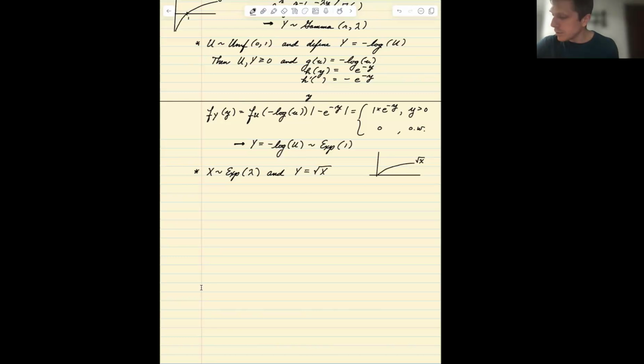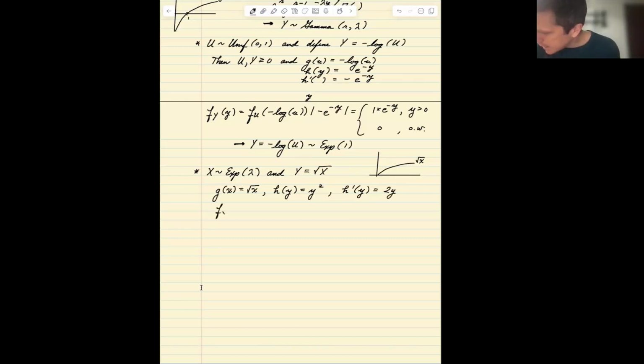Continuously differentiable, right? So then in this case, g of x is a square root. h of y is y squared. h prime of y is 2y.